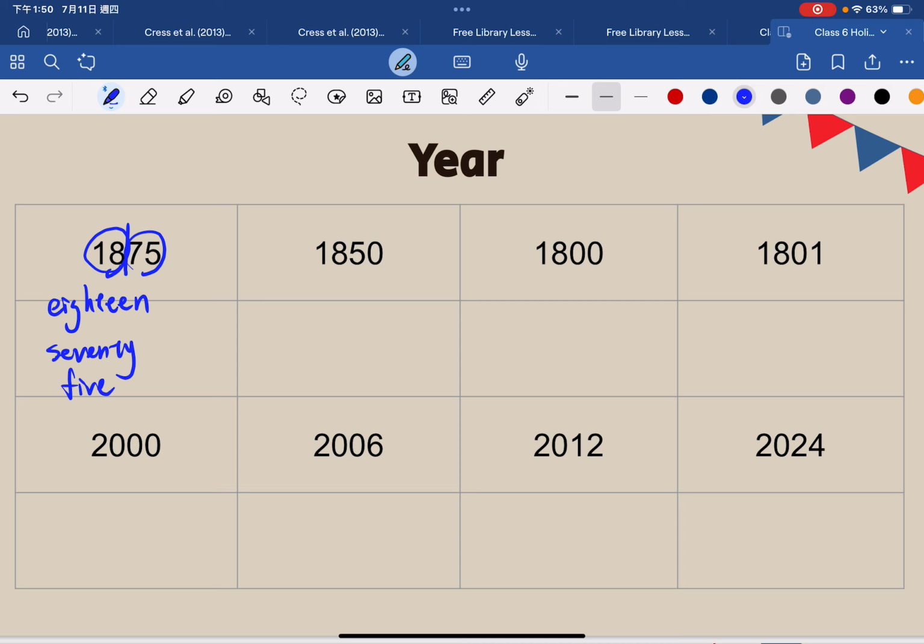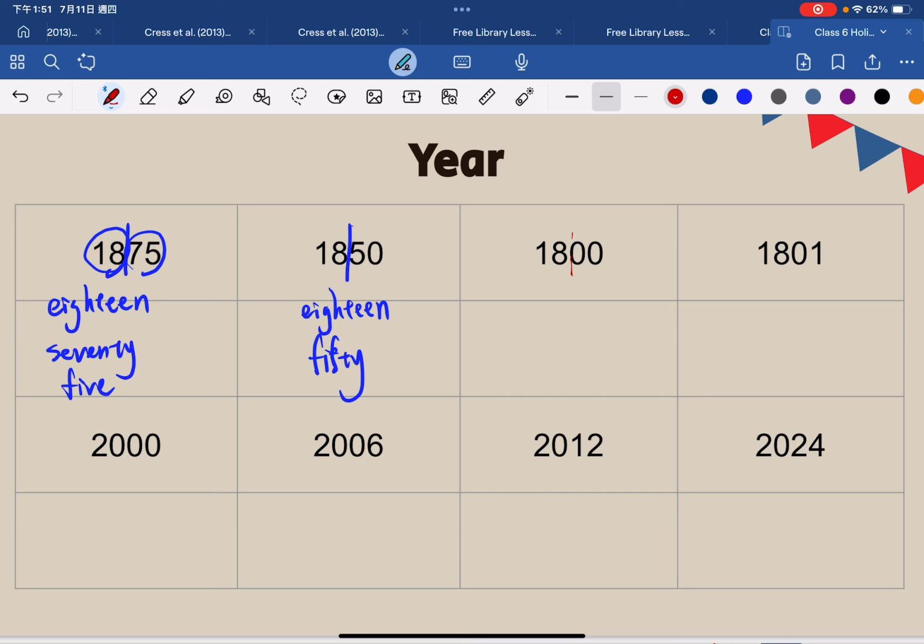It's the same rules. 1850. And the next one, do we still use the same rules? Do we still put things into half, like 18 00? No, we don't really hear people saying that, right?